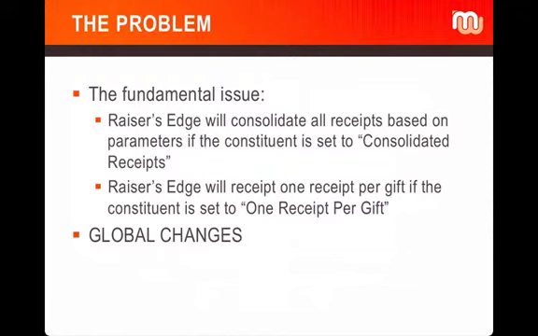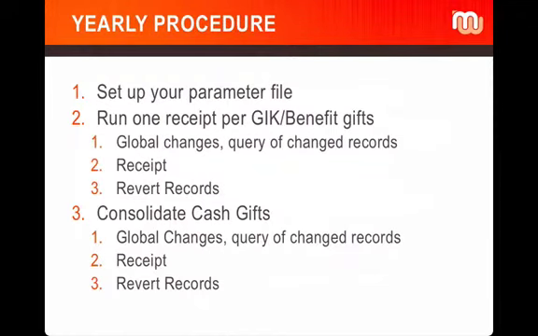This is what the procedure ends up becoming, assuming you have people in your database where some are marked one receipt per and some are marked consolidated. This is very common with charities who have recurring gifts, because you want those to be consolidated, but you might want other gifts to be one receipt per.